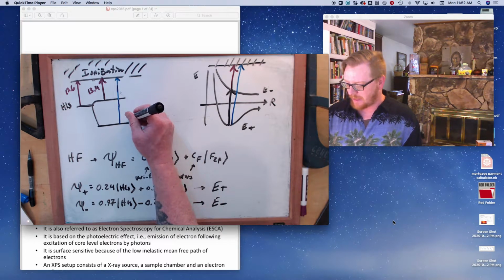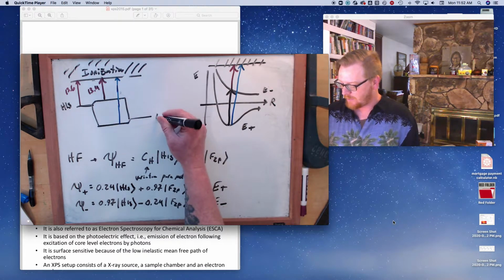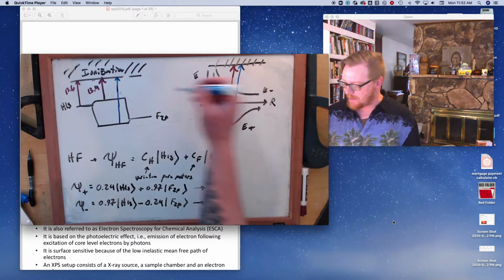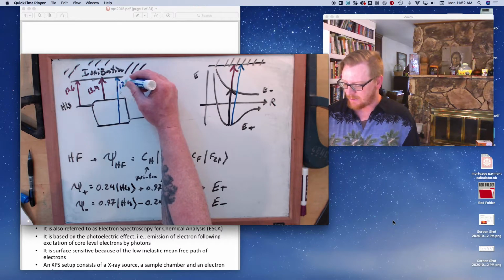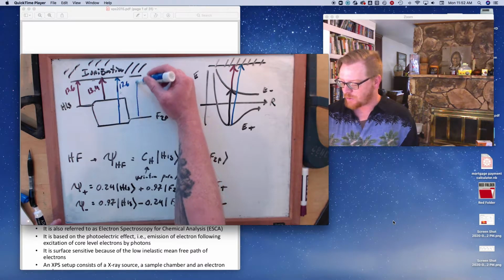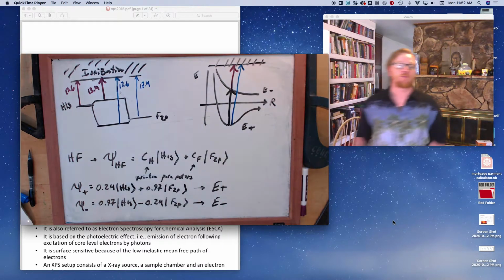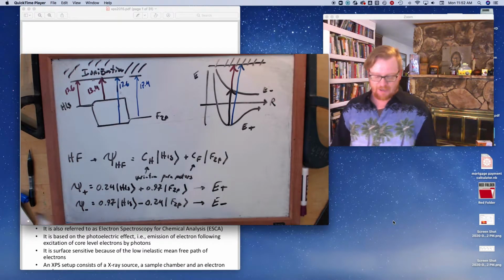So that puts it somewhere down here for F2p. So if the E minus state for HF was 17.6, F2p, just the atom, is 17.4. So that's actually how these MO diagrams get constructed.